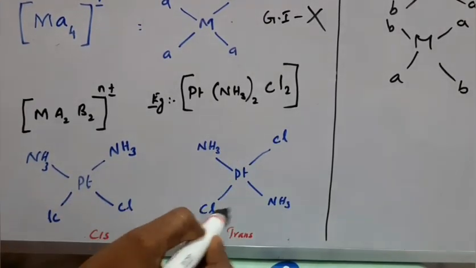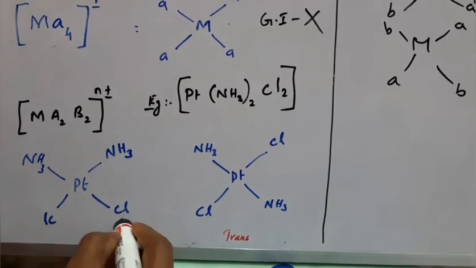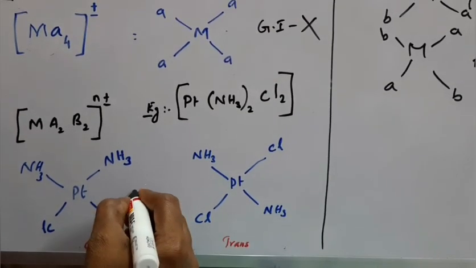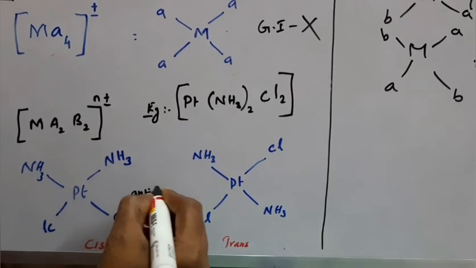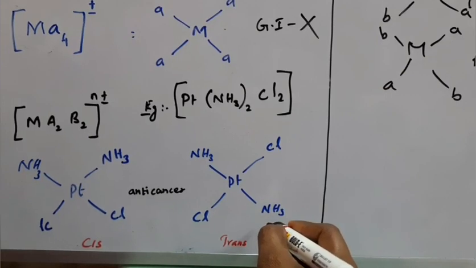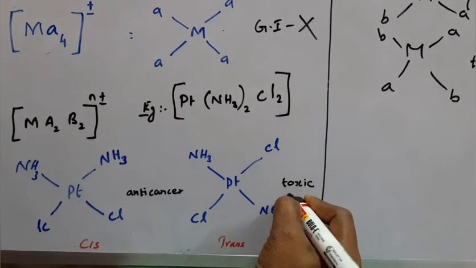The spatial arrangement is also different. The cis isomer is used for anti-cancer treatment, but the trans isomer is toxic and highly inactive.